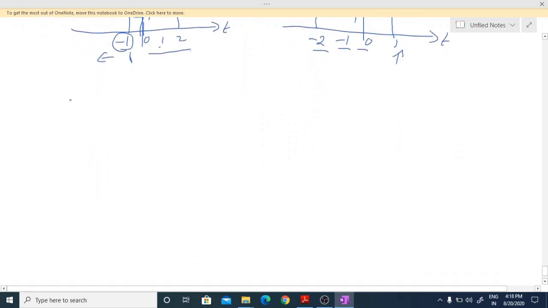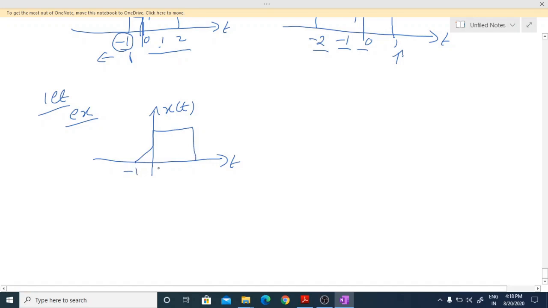We can also solve this example by mathematical equations. Now, let us consider an example problem. Here, I consider this as my x of t signal.